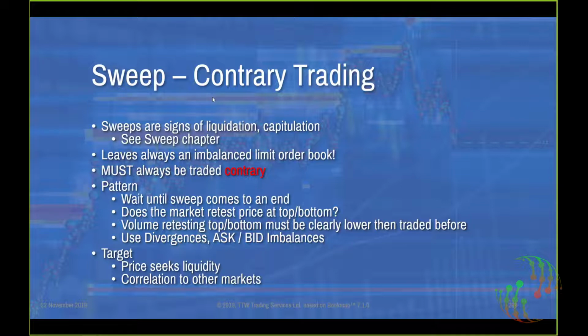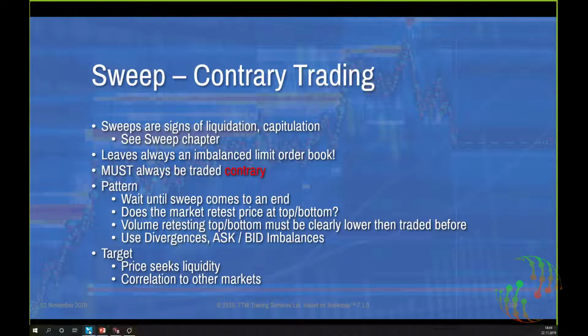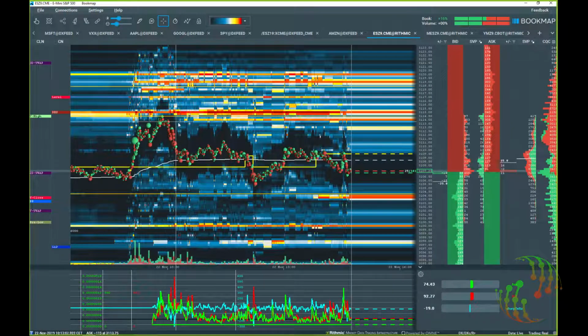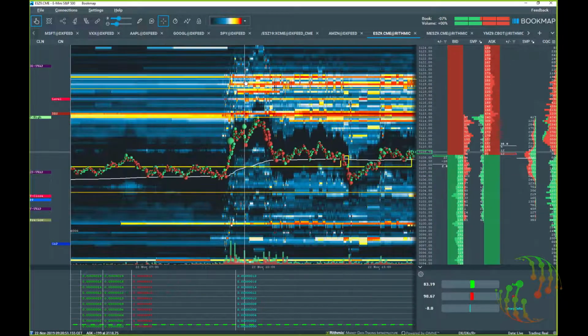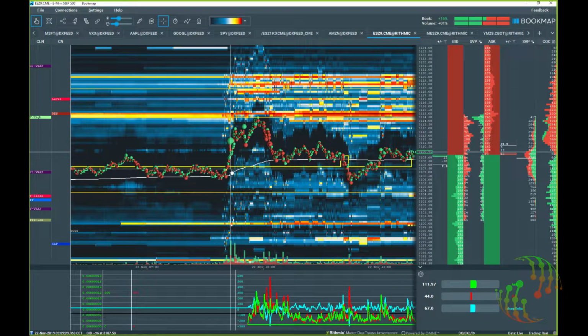I will show you, though we can't replay or go back, so let's talk theoretically about what happened today in the ES. Let me go back to this event here. It was the pre-open here in Europe, in the UK and Europe, 8 and 9 o'clock AM.